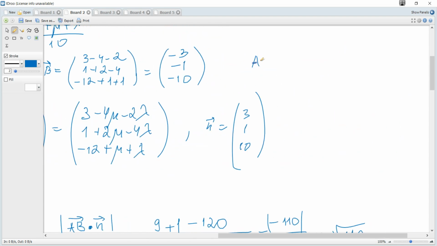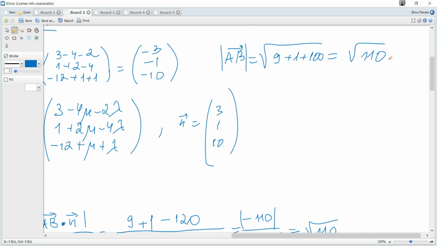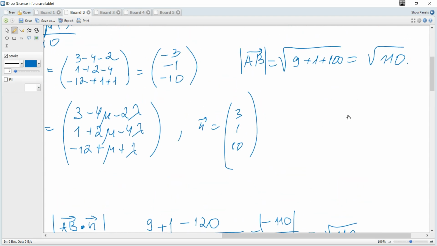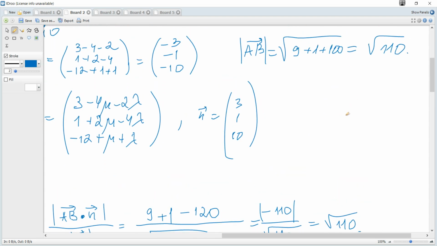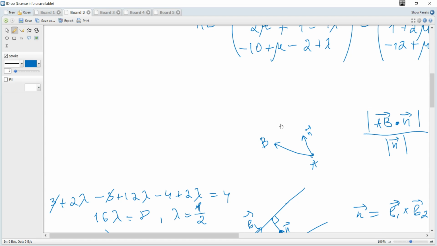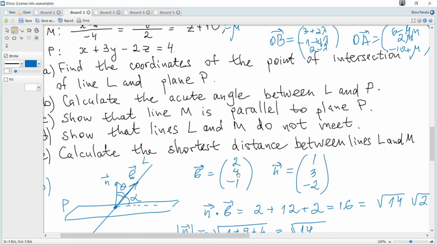Hence the AB magnitude becomes a root of 9 plus 1 plus 100, a root of 110. And we can see that we get the same result. And that's all for this question.